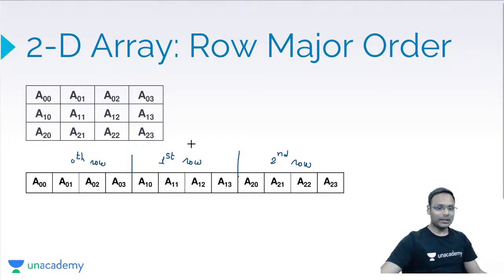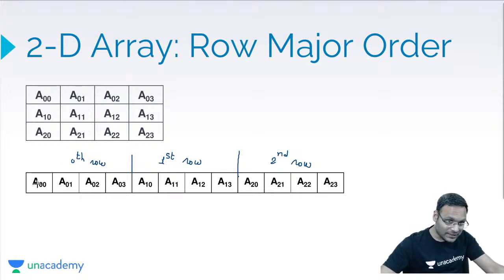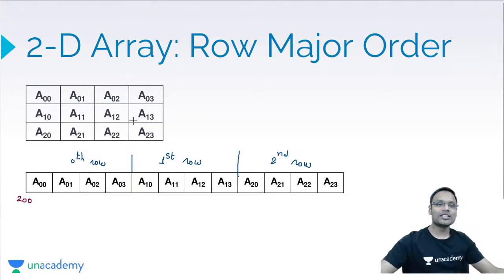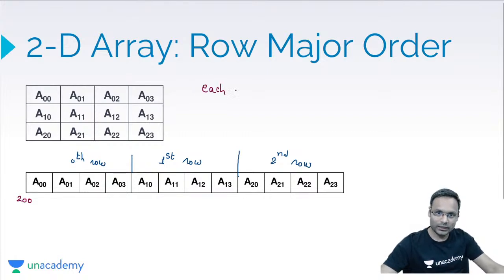If you are storing the elements in row major order, suppose this is the location of the memory, address 200, assuming that each element is stored on 2 locations. Each element in the memory is stored on 2 locations. That is my assumption.